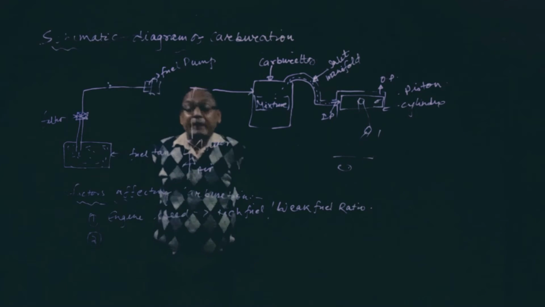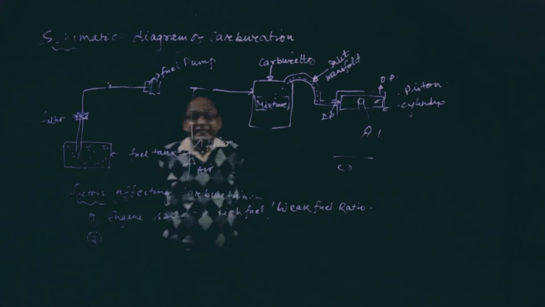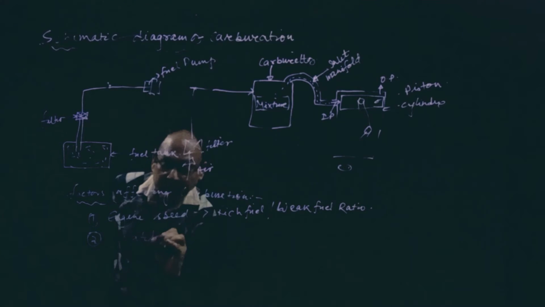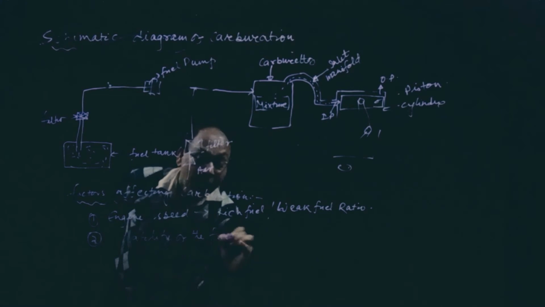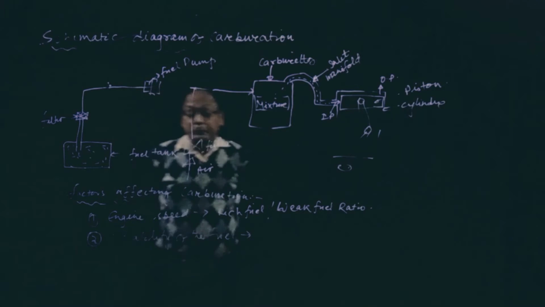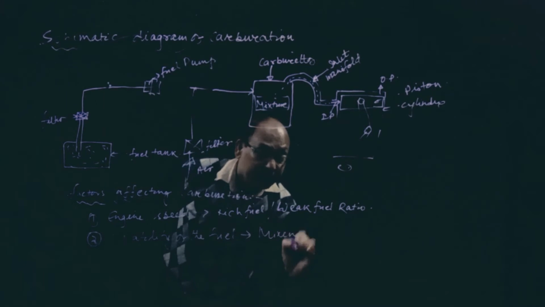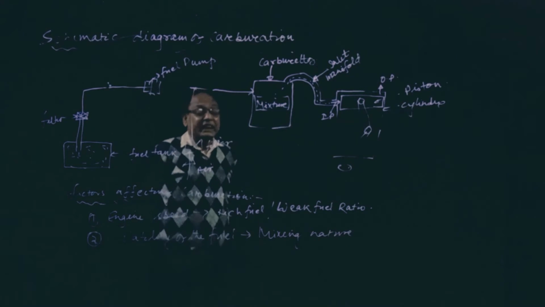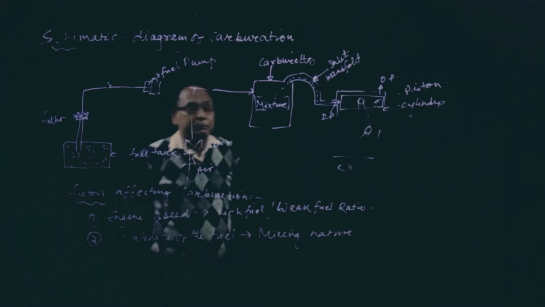Another, see what are the factors affecting the carburation: engine speed, and volatility of the fuel. How the fuel mixes with air, the mixing nature, how the mixing will take place, that also affects the carburation, okay.